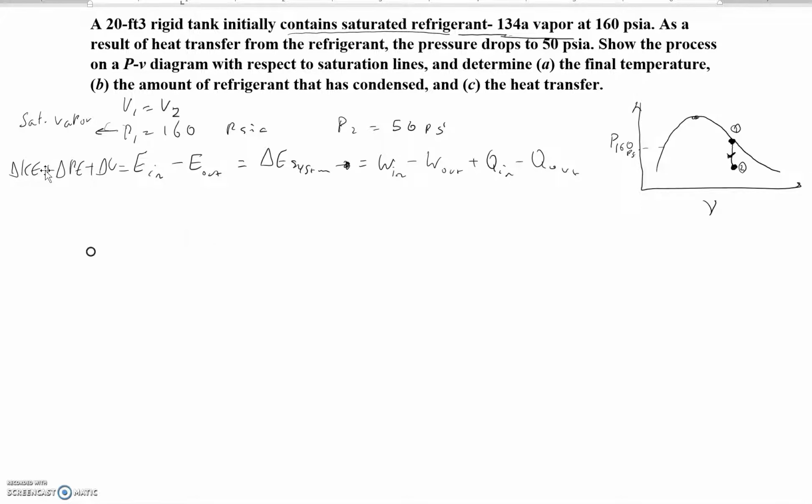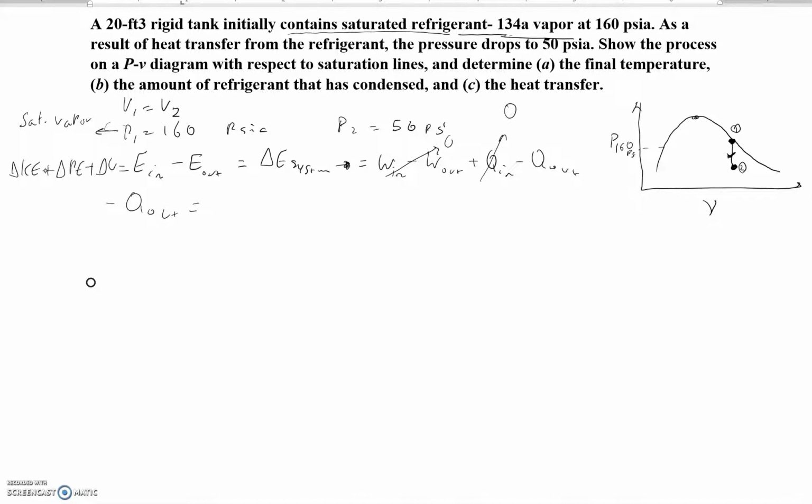Okay, so based on that, we don't have any work being done, so this term is 0. There is no heat coming in. The heat is leaving our system because we're going into the two-phase. So this is 0, so we have minus Q out, right?